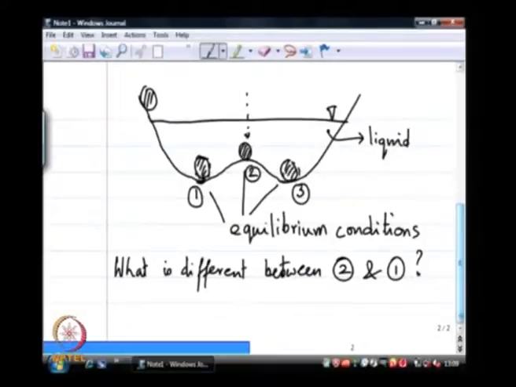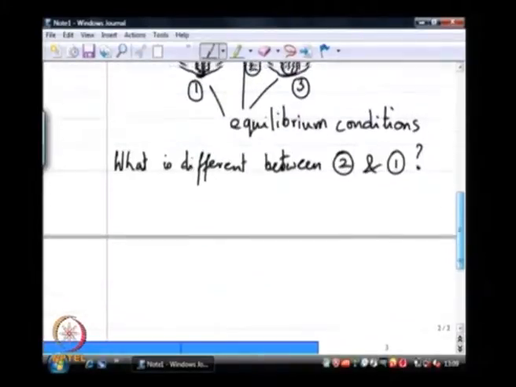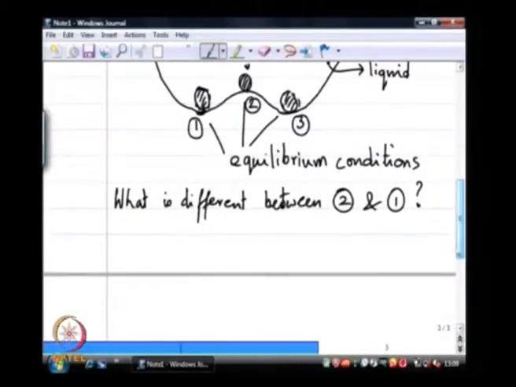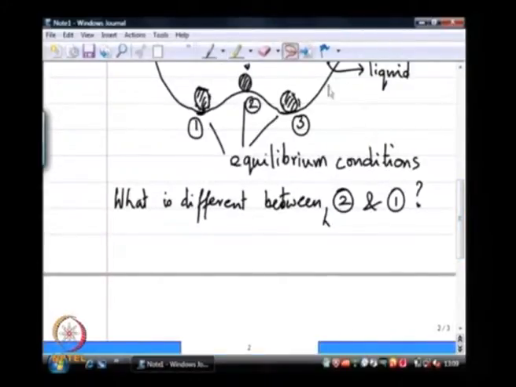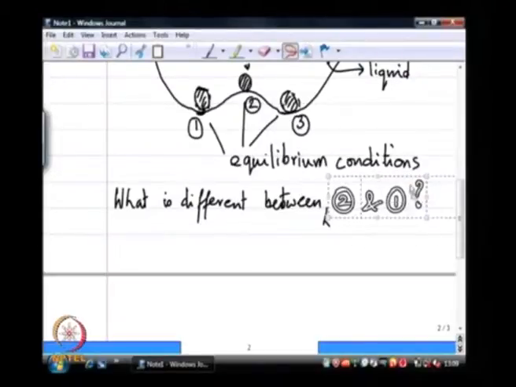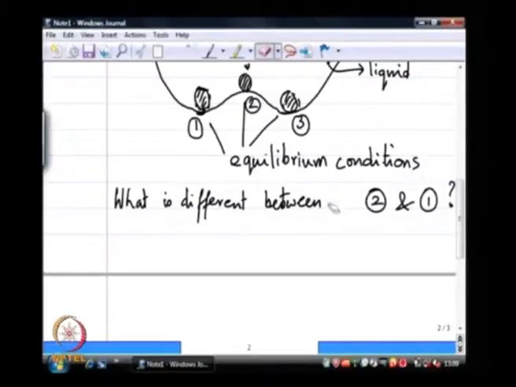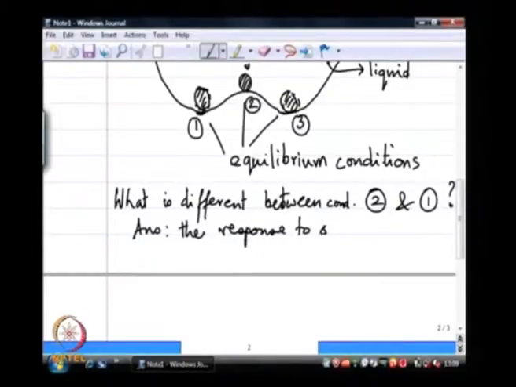So, what is different between conditions 2 and 1? The difference, the answer, is in the response to small perturbations.